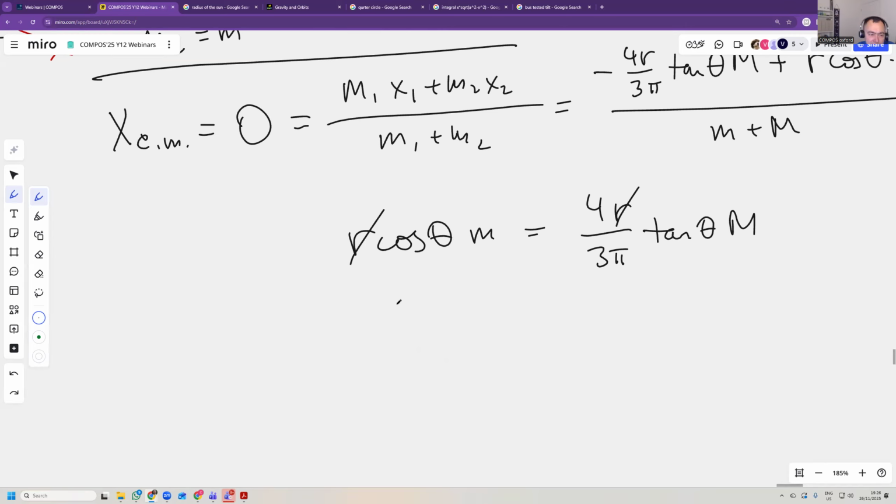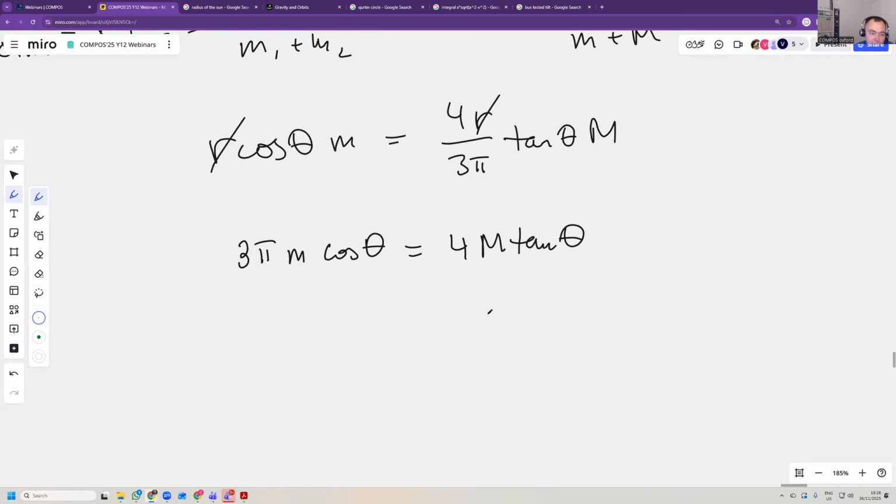Cos squared is, okay, so 3 pi m cos theta equals 4 m tan theta.